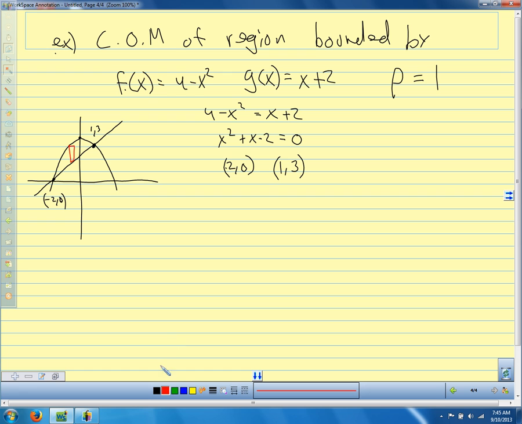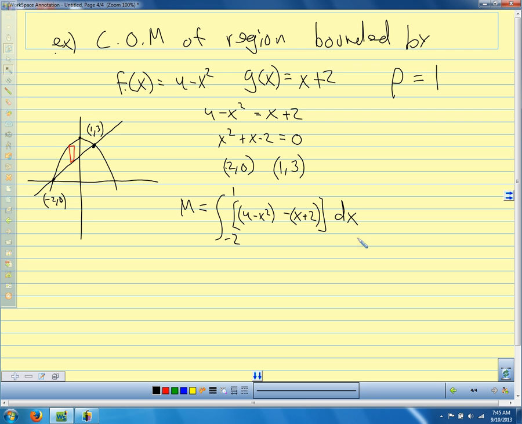So our mass, which is given by our area, is just the integral from negative 2 to 1 of 4 minus x squared minus x plus 2, thank you, dx.